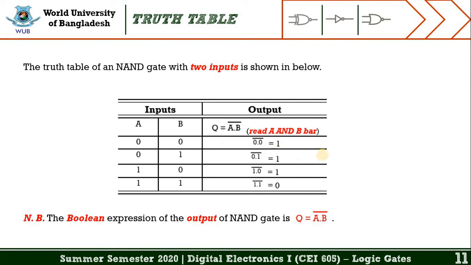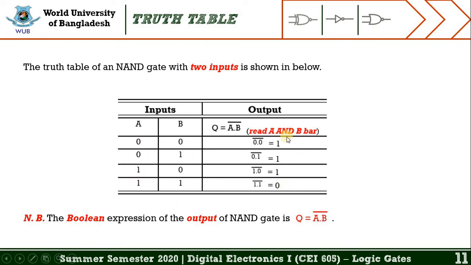Since this gate has two inputs and we assign two binary numbers, one is 0 and the other is 1, if we combine these two numbers we get four combinations: 0 0, 0 1, 1 0 and 1 1.